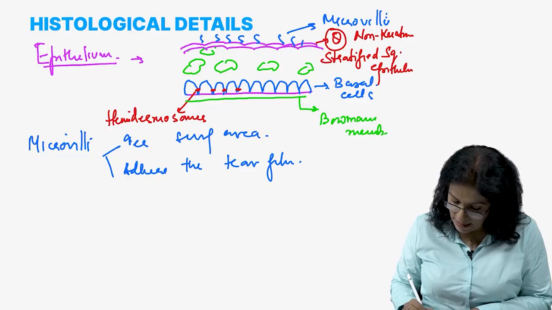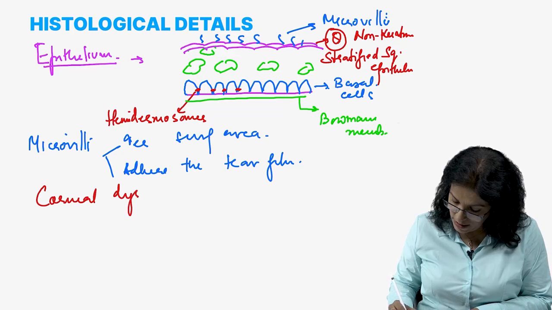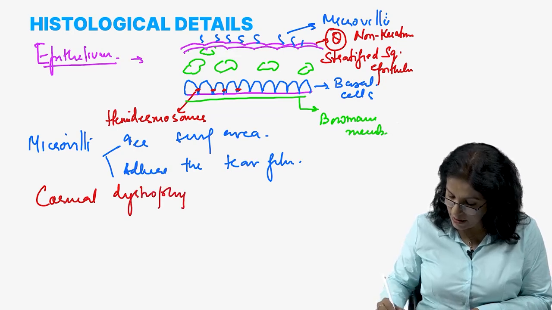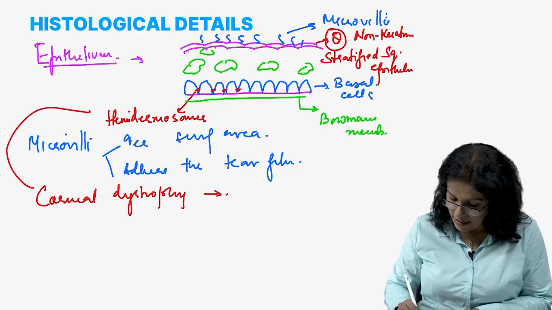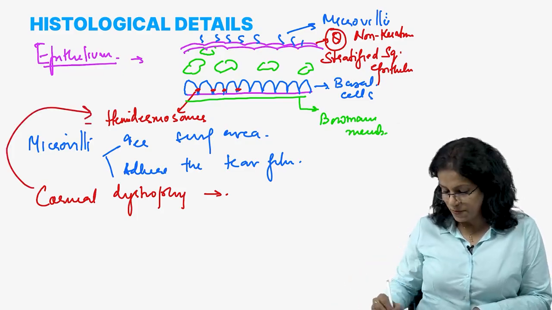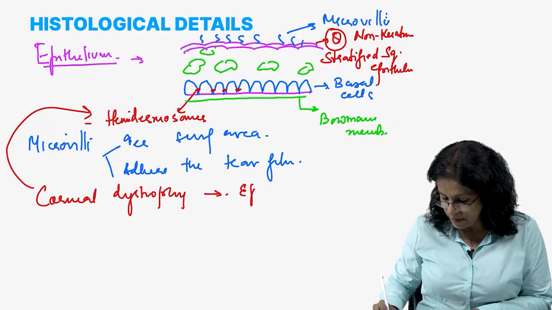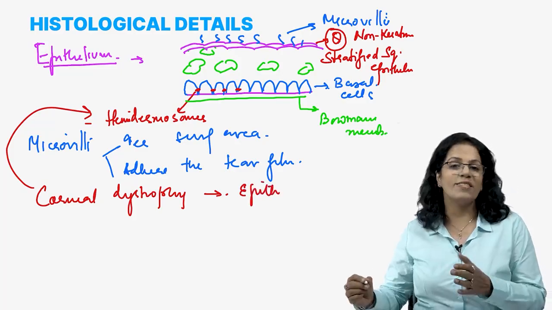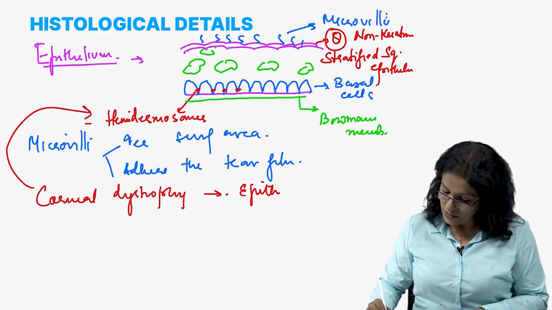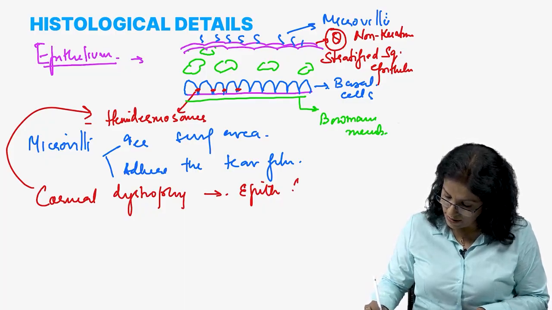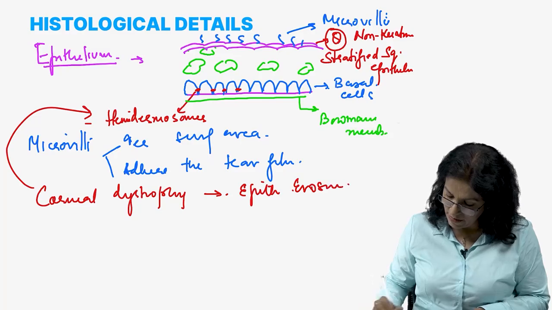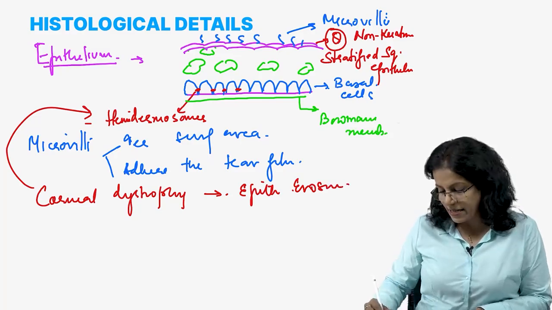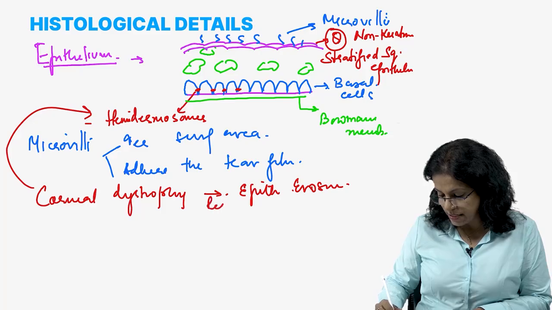So keep in mind, in corneal dystrophy, the epithelial erosion that we are getting is due to a defect in the hemidesmosome. We will learn about corneal dystrophy by the end of this chapter. These are recurrent epithelial erosions.